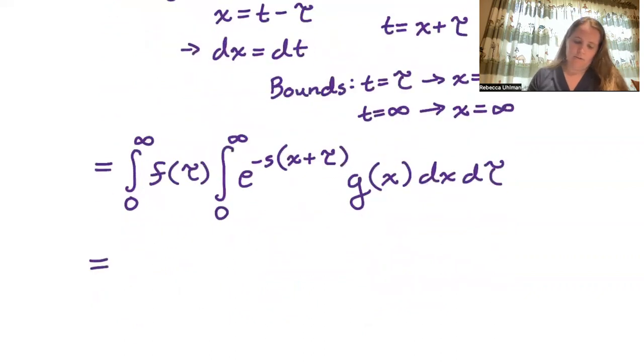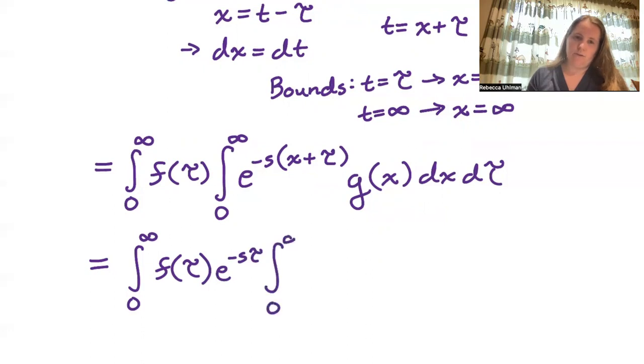That inside integral, we can pull out an e to the negative s times tau. So this is the definite integral from 0 to infinity of f of tau times e to the negative s tau times the definite integral from 0 to infinity of e to the negative sx g of x dx and then d tau.